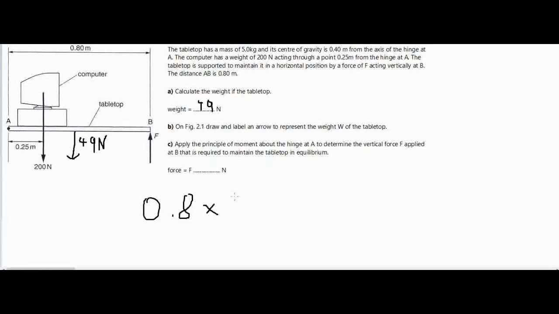So we can say that 0.8 times the force F, we'll say it's x newtons, is equal to the 200 newtons of the computer, that's the weight of the computer, multiplied by the 0.25 meters. And please remember, we're taking moments from the hinge, so we're taking distances from where the hinge is.